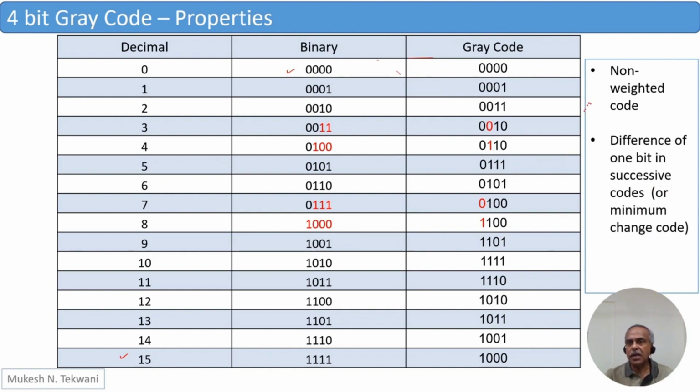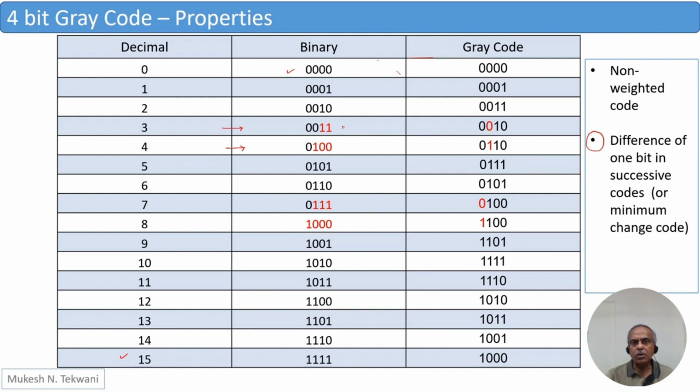Now let us understand what this particular point means, and to understand this we'll use the example from this table. The decimal value of 3 is 0011. As we go from decimal 3 to decimal 4, the binary value of 4 is 0100.